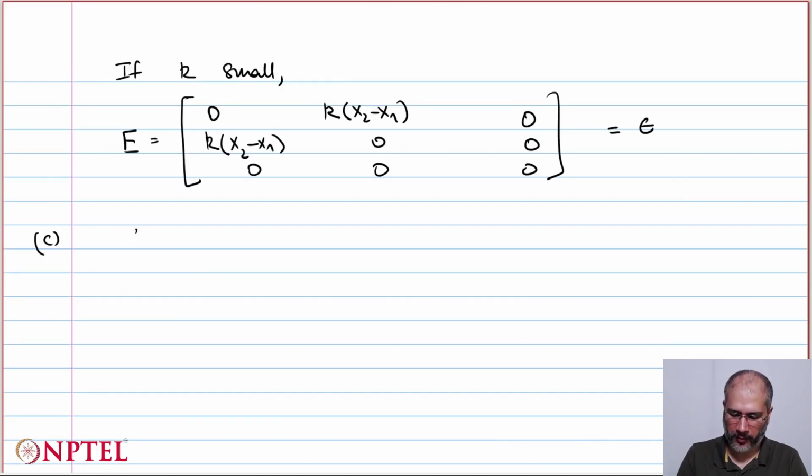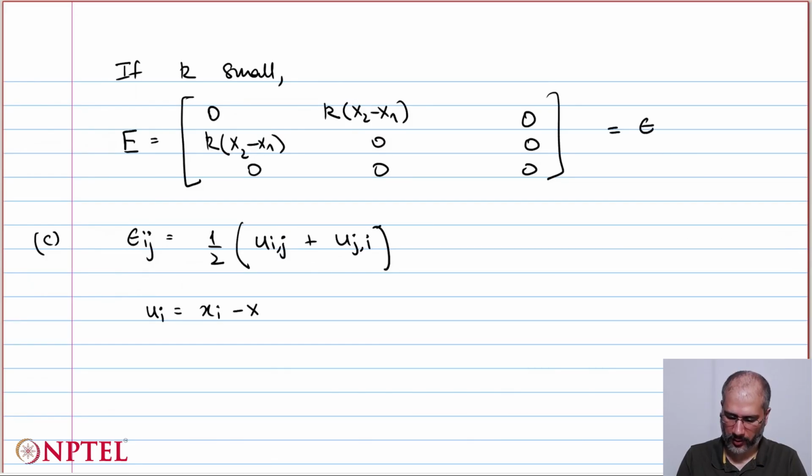Now in the third part we have to find epsilon ij from the definition using the displacement gradient tensor ui comma j, and we can see the displacement ui is small xi minus capital Xi, and this is equal to the vector k x2 squared minus k x1 squared and 0.